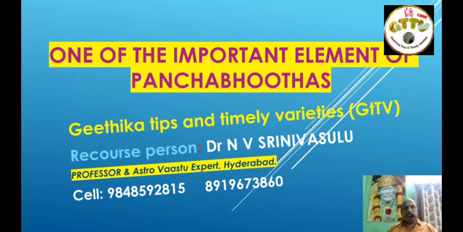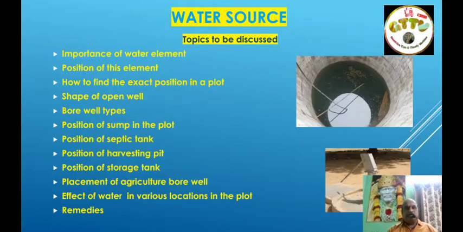So what is its importance as per the basic Vastu principles, how it should be, where it should be, what happens if it is in the wrong place. Those are the things I am going to discuss in detail. So now the topics which I am going to explain today, I am giving you here shortly.